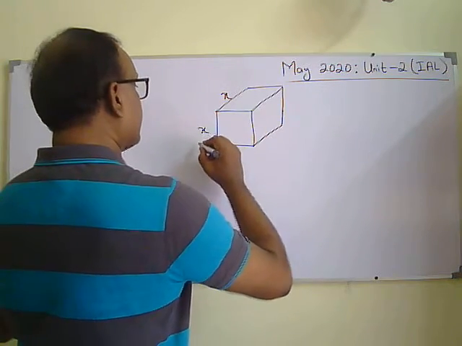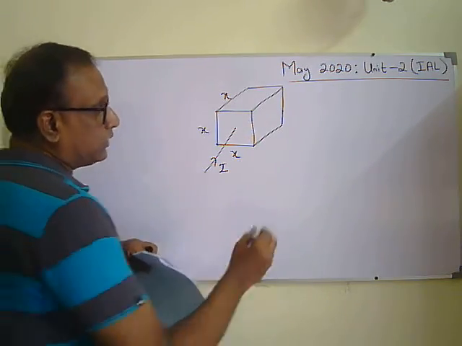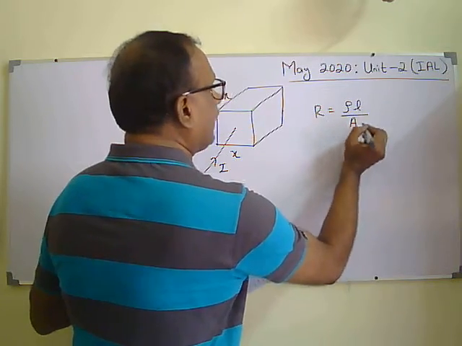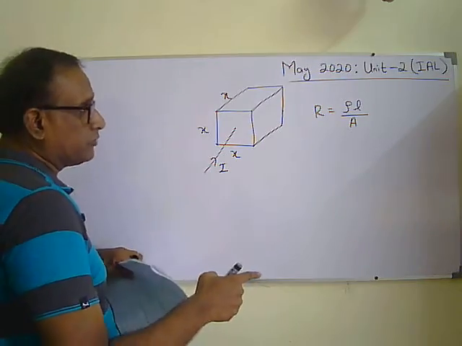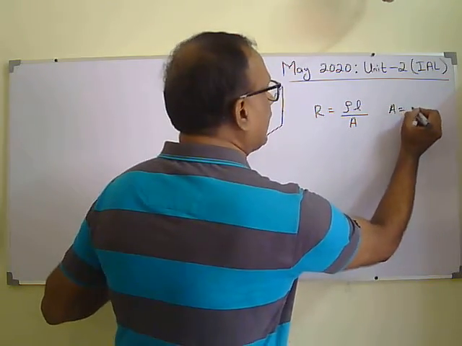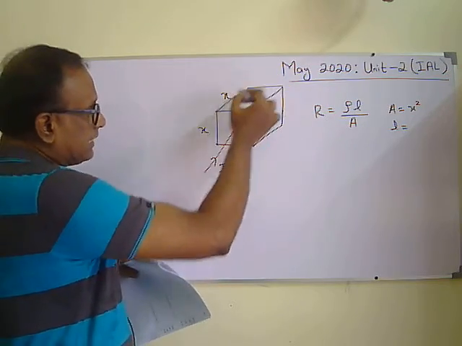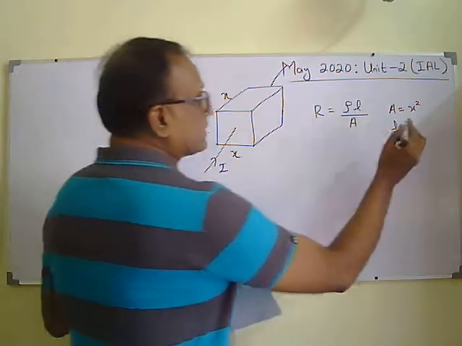Current is entering this side, right? That is current I. We know that the resistance R equals rho L over A. A means the area which is at right angles to the direction of current flow. So here A will be x squared, and the current is going to flow along this length and come out from here. So the length is x.